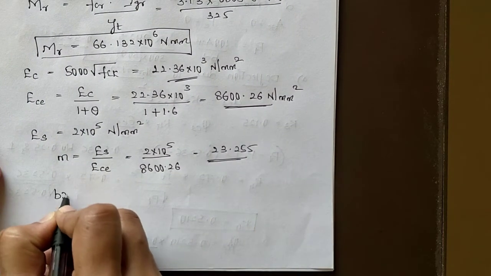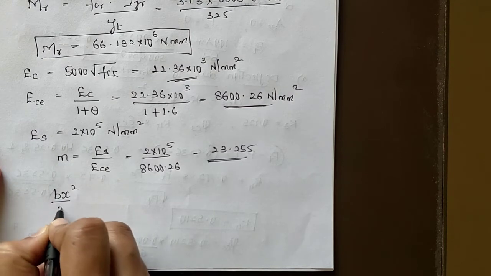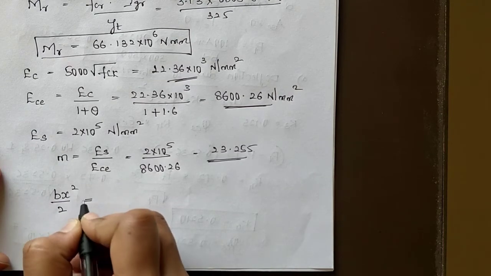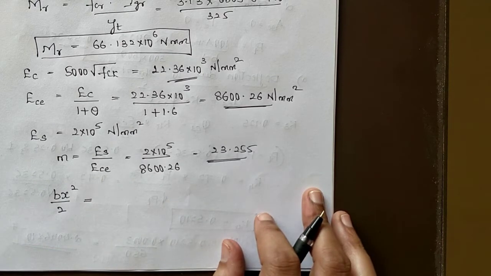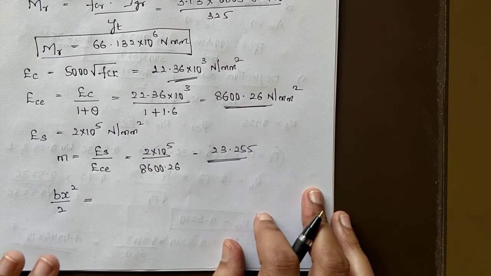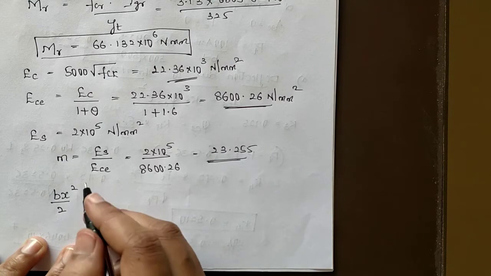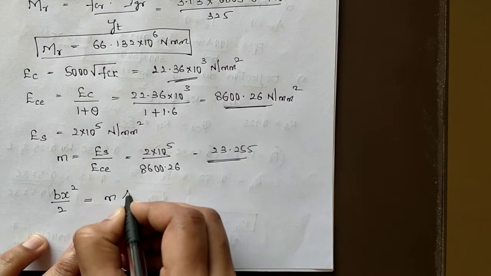Once you calculate the modular ratio, calculate the x value. It is given by Bx square divided by 2, which will be equal to m into Ast into d minus x. x is the depth of the neutral axis from the compression flange.